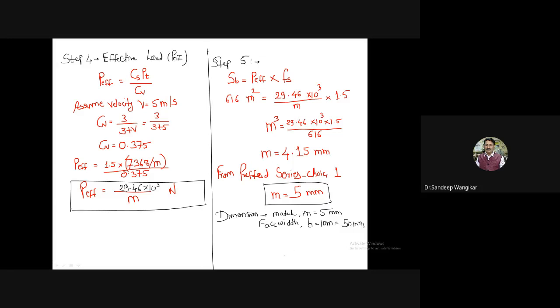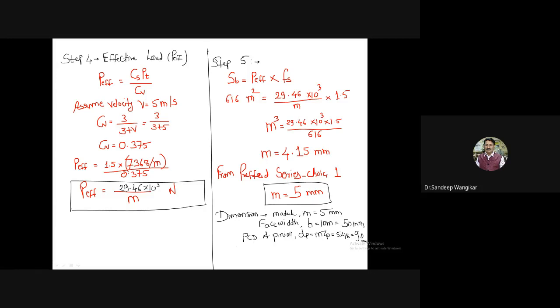And what is next? PCD for pinion and PCD for gear. So you can write the pitch circle diameter of pinion, DP is equal to M ZP, which is 5 into 18, is equal to 90 millimeters.